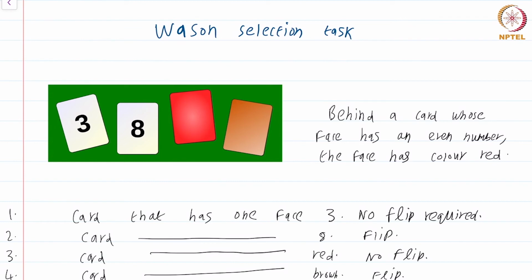This puzzle is fairly straightforward once you write it down in this way. But most people, when confronted with a puzzle, do not take out a paper and a pencil and start writing down in such great detail. Consequently, it turns out that even this simple puzzle, a vast majority of college-going students do not get it right. They believe that you have to flip the red card or not flip the brown card, and so on.